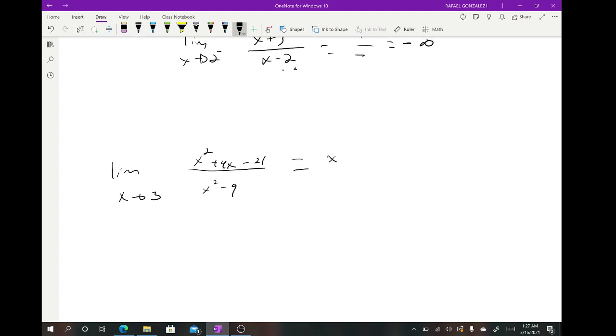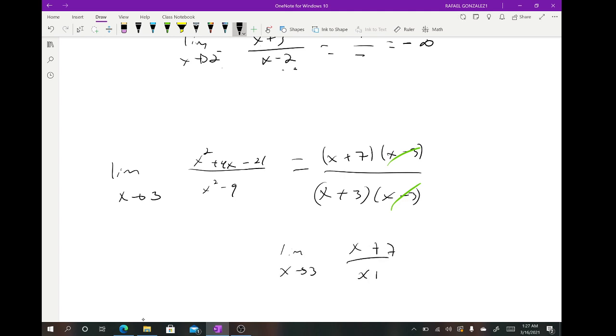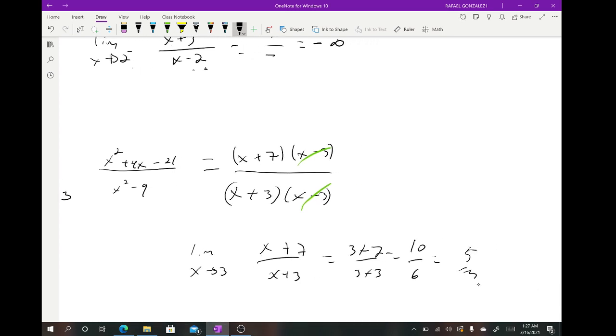You factor, so the numerator is going to be x plus 7 times x minus 3. Denominator again is x plus 3 times x minus 3, so it's going to work out the way that I wanted it to the first time. So this x minus 3 will cancel out. So you still have to take the limit as x goes to 3. But in this case, now you could actually plug in 3 for x. You get 10 over 6, which is equal to 5 over 3. So for this one, we could actually find a limit.